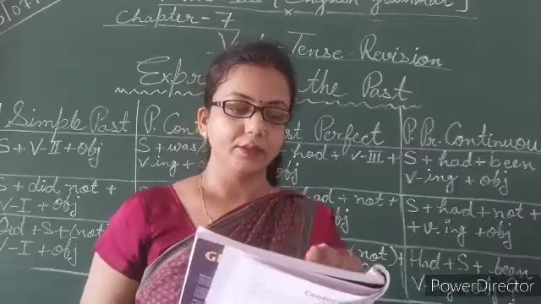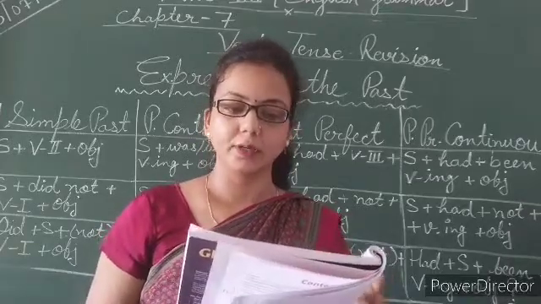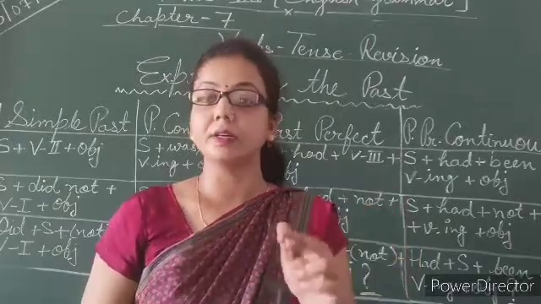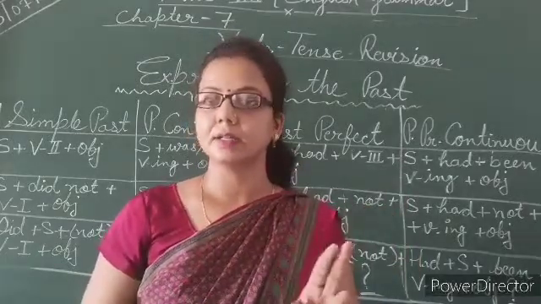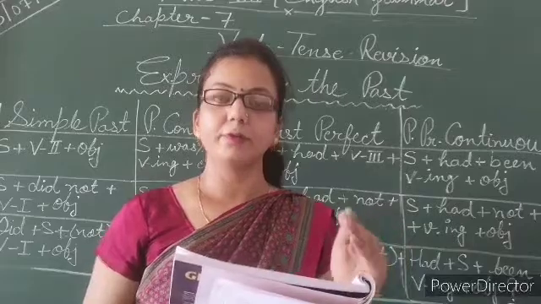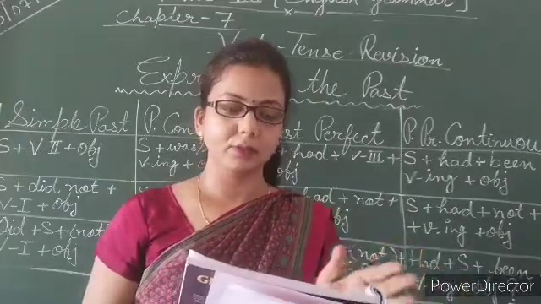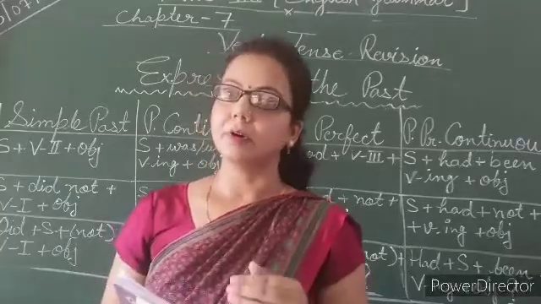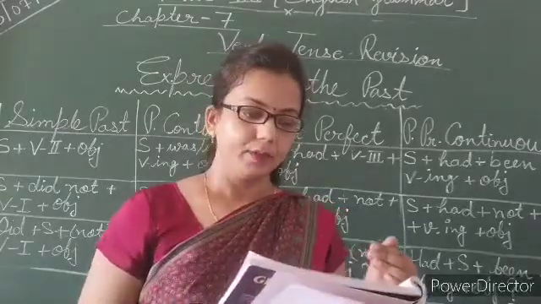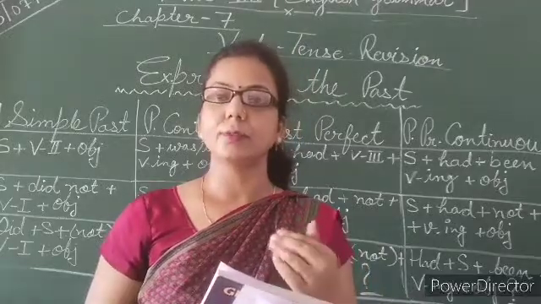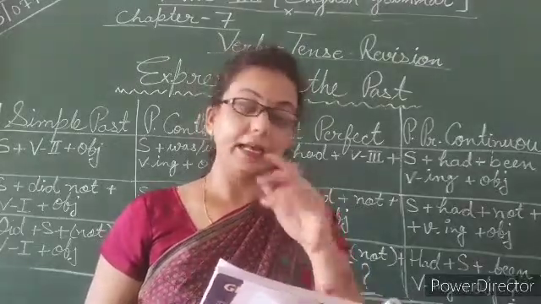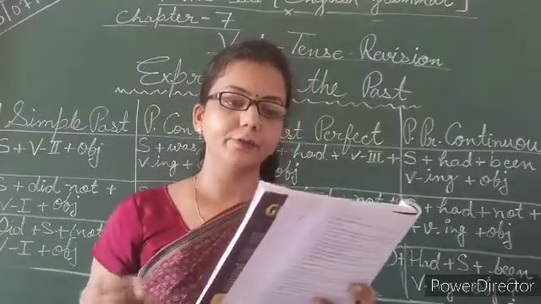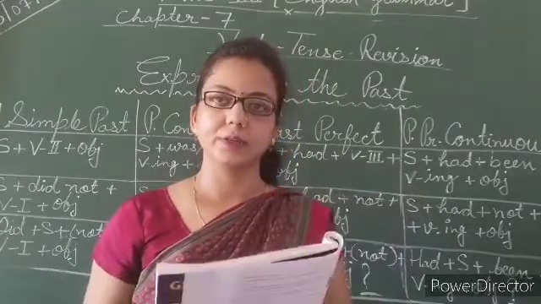Have a look at the third: the police dash look for the culprit for weeks before he surrendered himself. Here there are two sentences which are connected, and this is a perfect form, so we need to use the structure of past perfect tense. The third form of look is looked, with the word had. So the police had looked for the culprit for weeks before he surrendered himself.